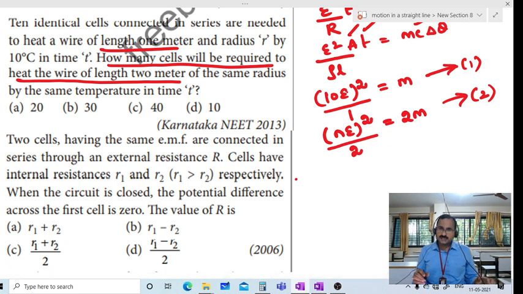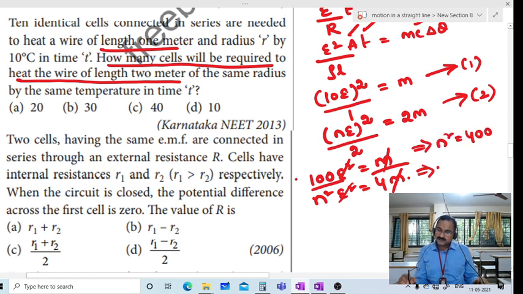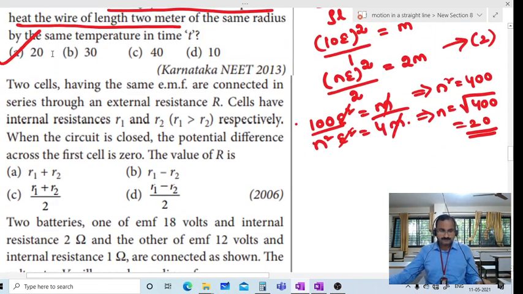That is, 100 E square equals m, and n square E square equals 4m. The m cancels, E square cancels, so n square equals 400. Therefore n is equal to root 400, which is 20. The number of cells required is 20. It is a little bit of calculation only. Try to understand that when length is increased, the mass of the wire also increases, compulsorily. Next problem.